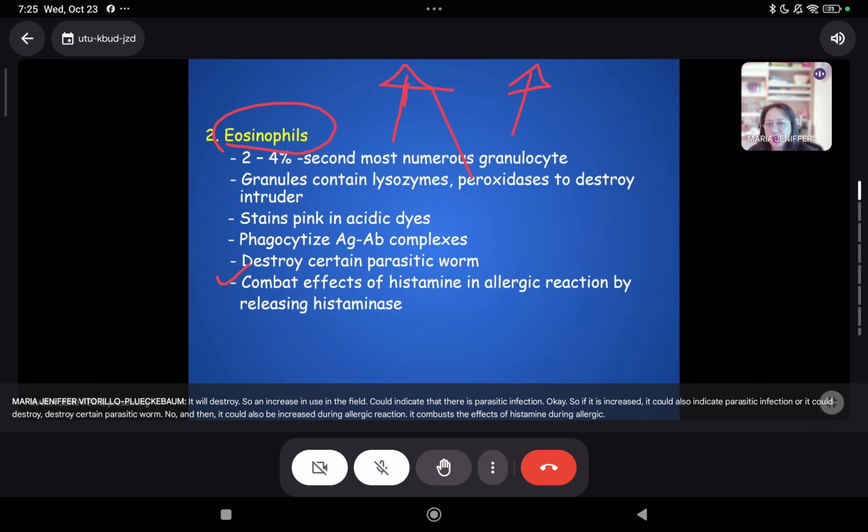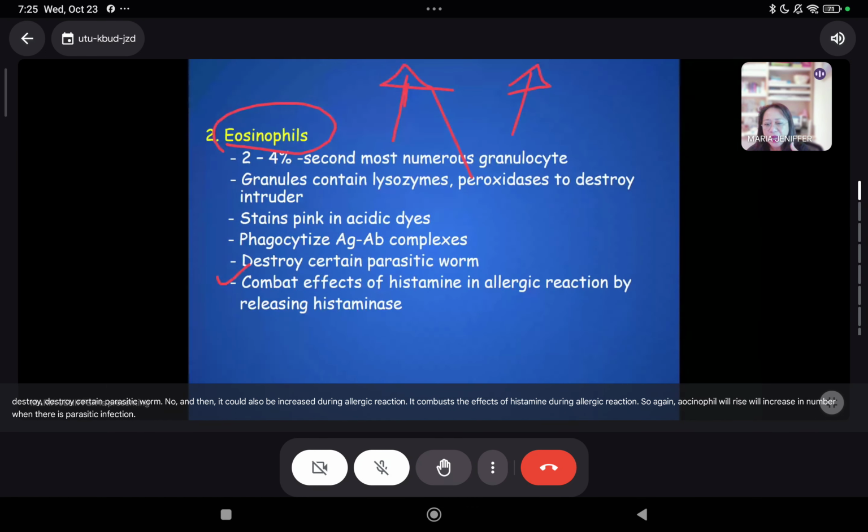So eosinophils will increase in number when there is a parasitic infection or an allergic reaction, because they are the ones that fight against microorganisms and parasitic worms.